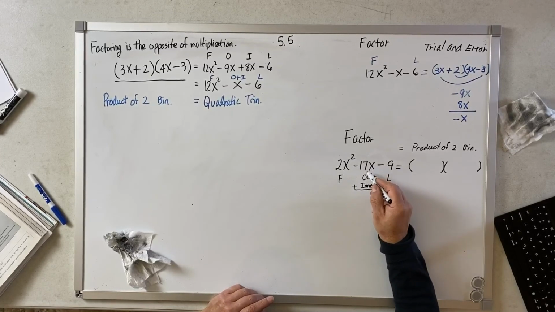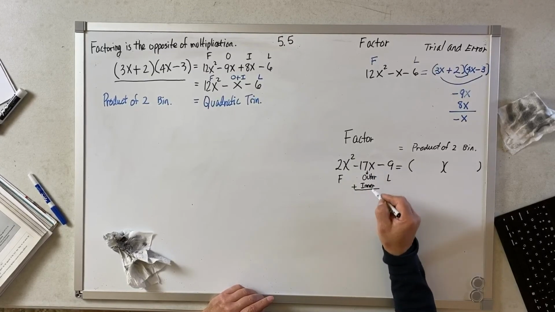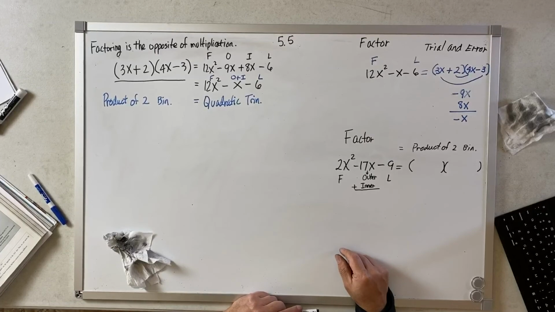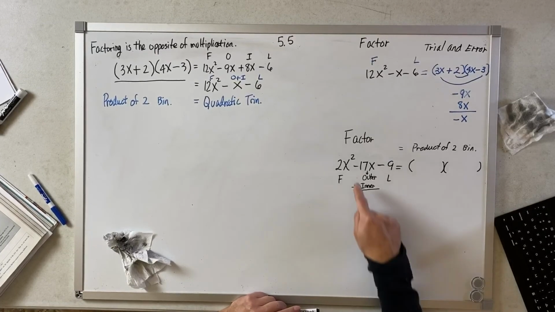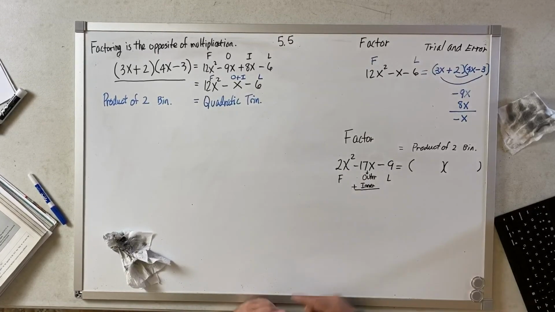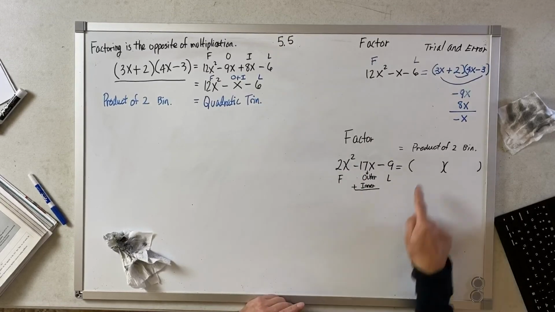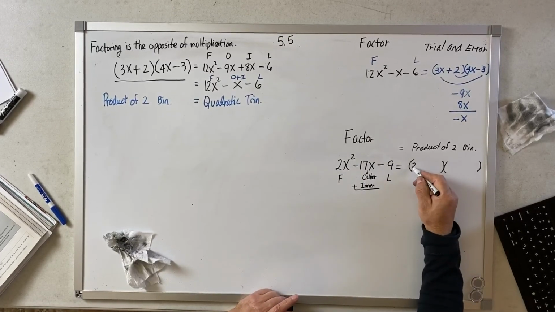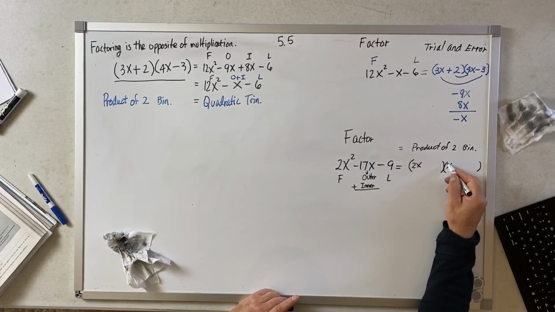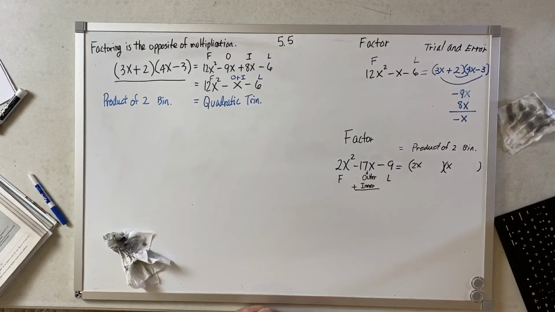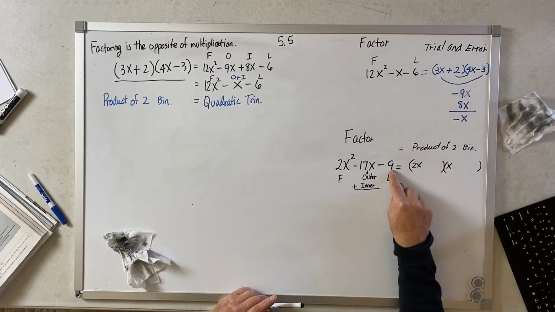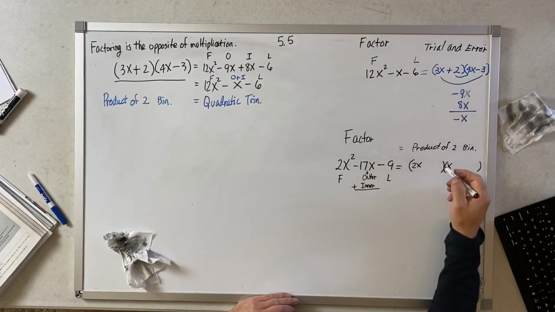This middle term is outer plus inner. Okay? All right. Very good. So to get this 2x squared, that's easy. That's first. How do I get 2x squared? Make this 2x and make this x. What's 2x times x? 2x squared.